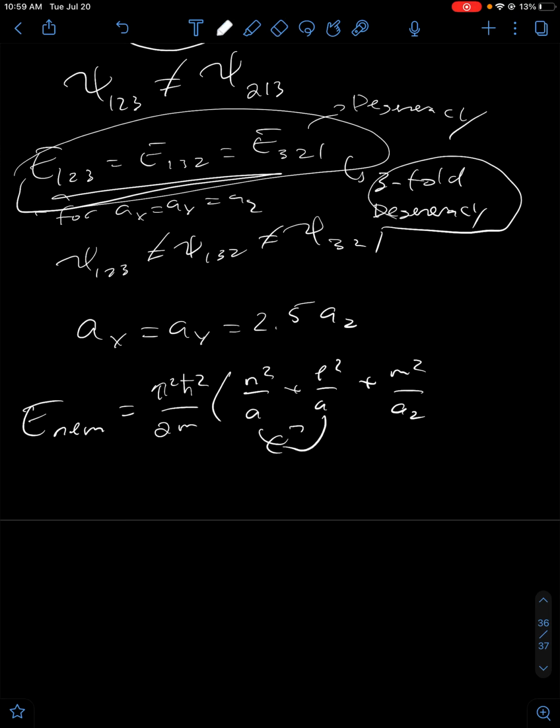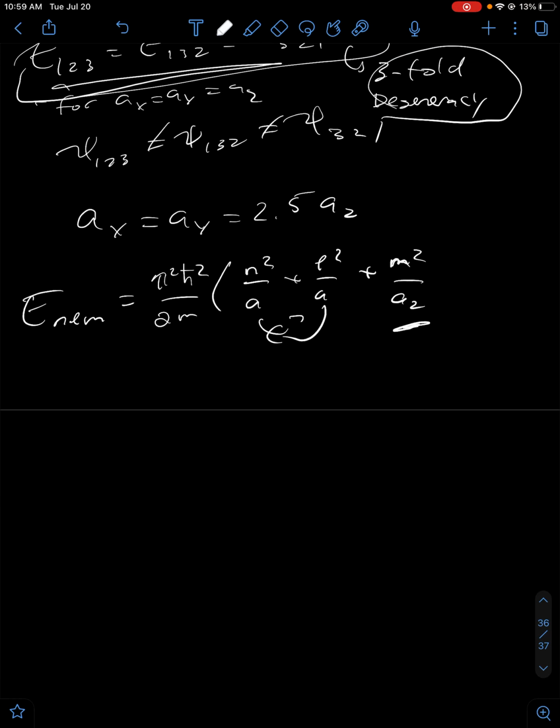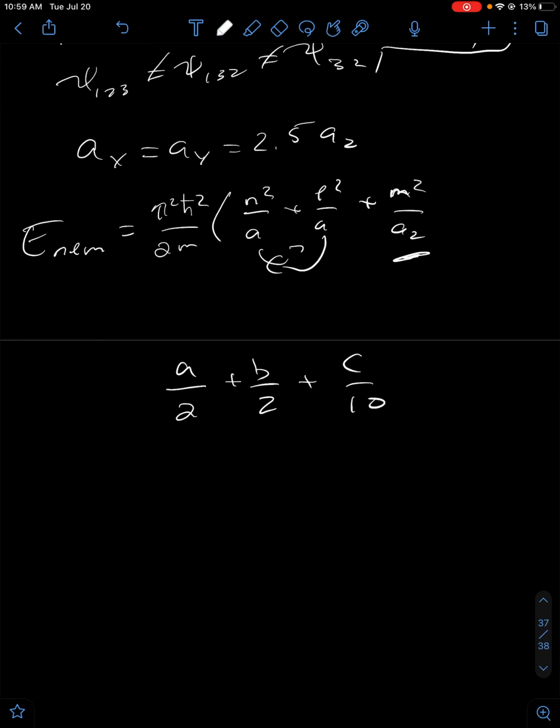Now, we can still flip these two around, right? We can still flip them around, since they're just under addition, and they're being divided by the same number. However, we can't do the same for m, right? Since m is being divided by az, and az does not equal a. So, if you want a more visual example, say I had a over 2 plus b over 2 plus, say, c over 10.